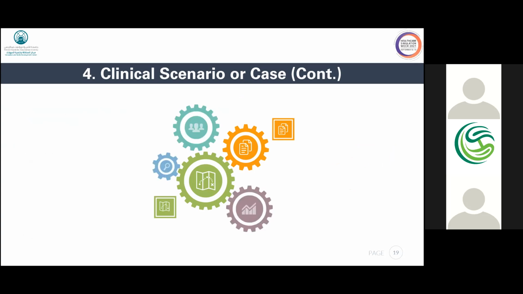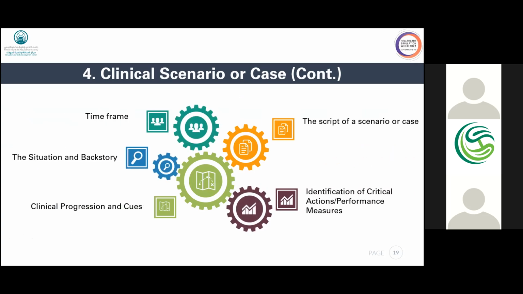For the clinical scenario or case, basically we want to mimic the reality of the clinicians. We expect it to be plausible. It can be found in clinical practice.